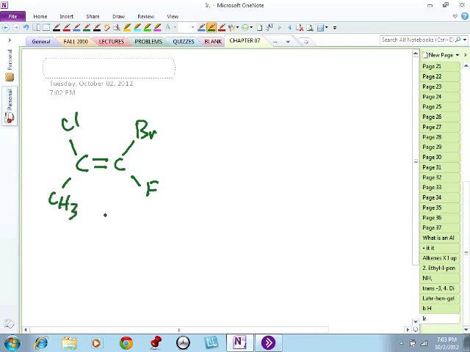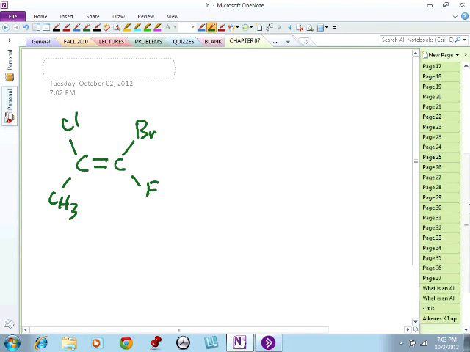How are you going to use cis and trans to name this? There is no basis. What are you going to say is cis? What are you going to say is trans? Relative to what? So because of situations like this, we have the alternative way of naming alkenes, indicating the stereochemistry, and that is the E-Z system. I'm assuming at this point that you guys have gotten the idea.